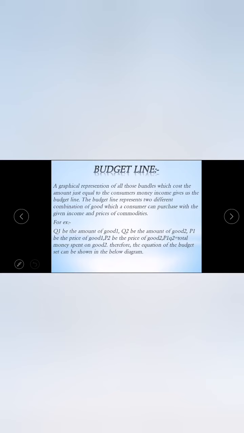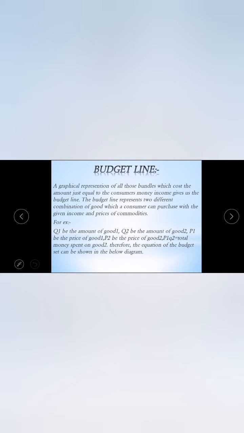It is a graphical representation of all possible combinations of two goods which can be purchased with given income and prices, such that the cost of each of those combinations is equal to the money income of the consumer.